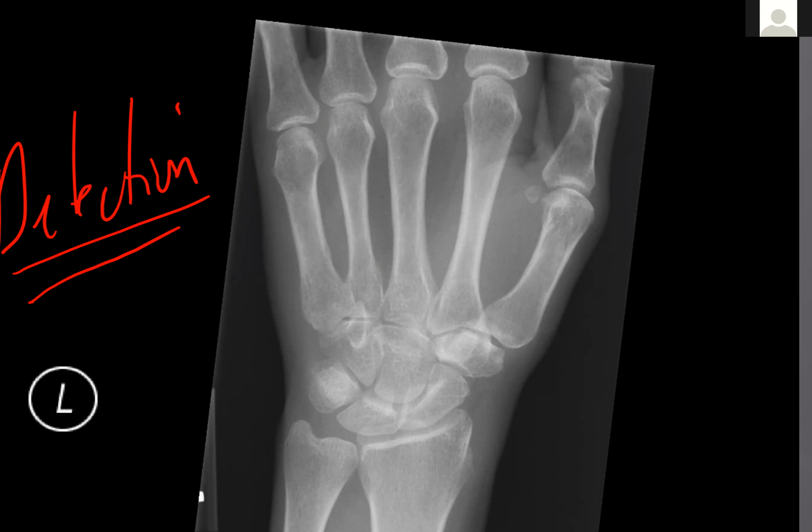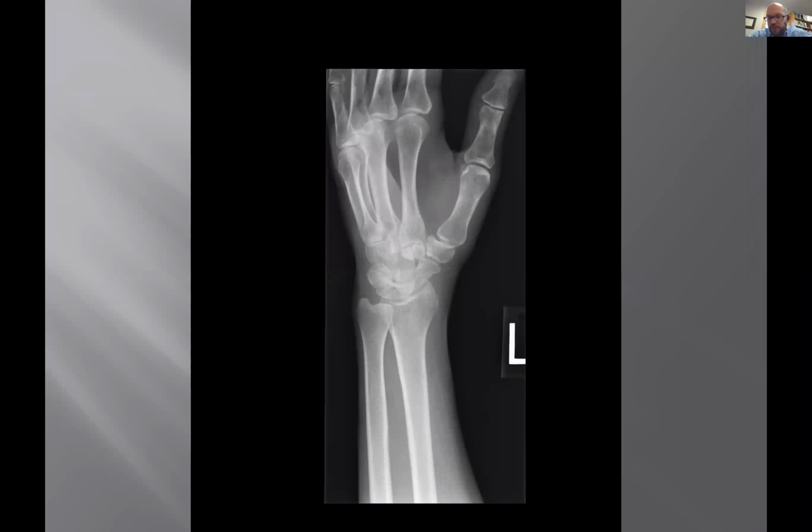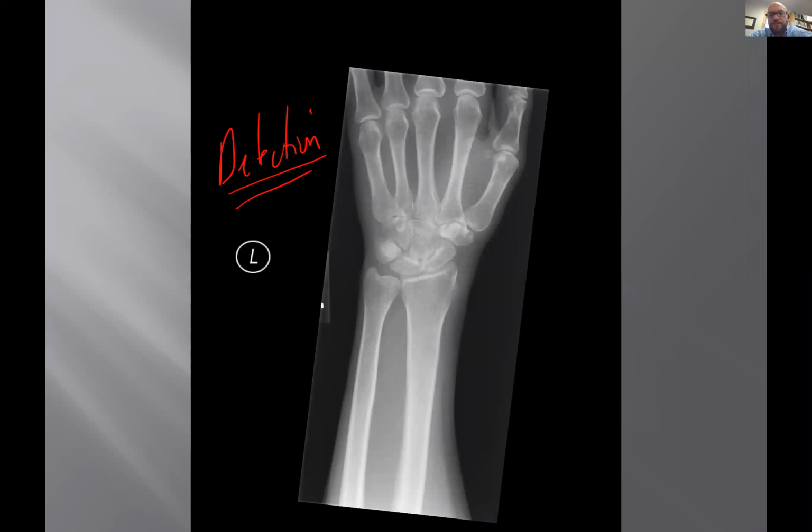Was that proximal flange a little? Okay, good, very good. All right, now I'll take the red away, and let's see if I can make this bigger here. There you go.